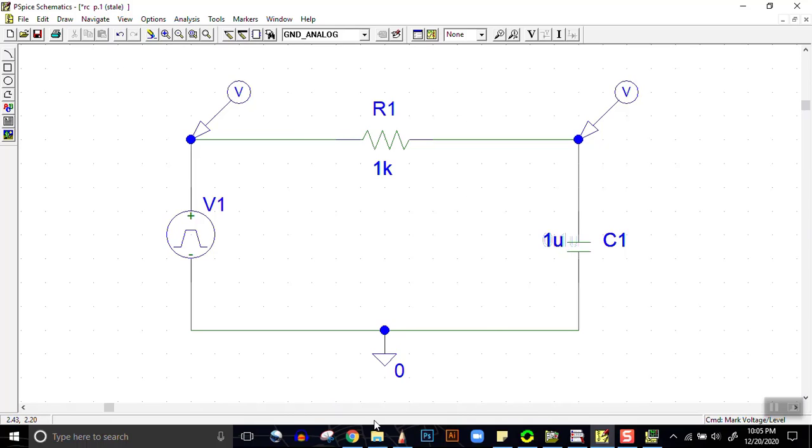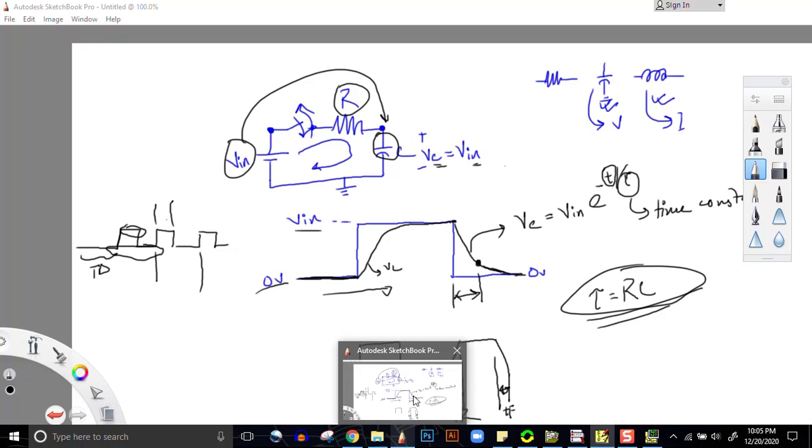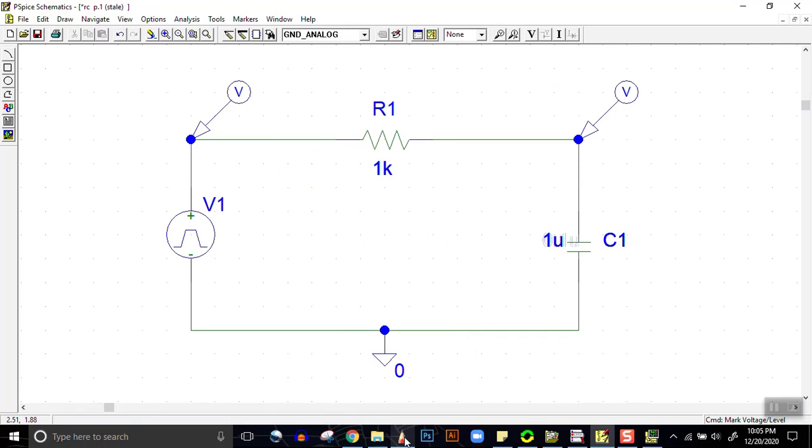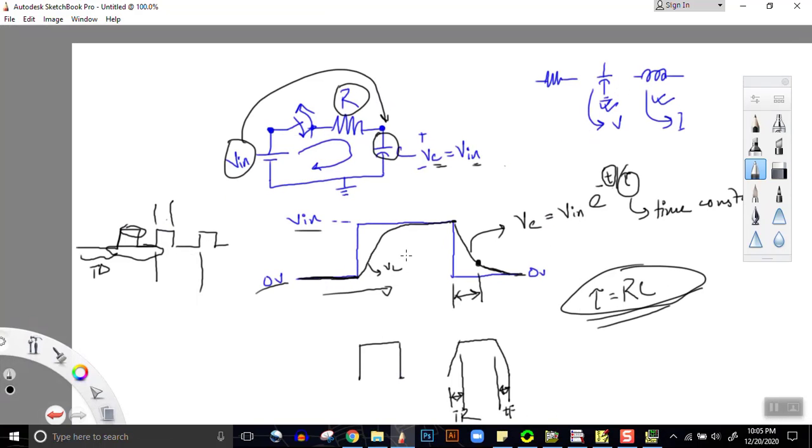So our tau is 1 kilo into 1 micro, that is 1 into 10 to the power 3 into 1 into 10 to the power minus 6, that is 1 into 10 to the power minus 3, equal to 1 millisecond. Our time constant should be 1 millisecond from the circuit.